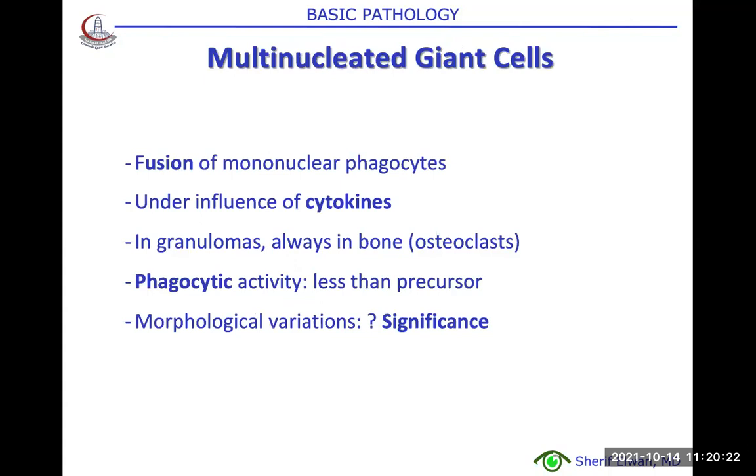During the process of chronic inflammation, multinucleated giant cells might form. Multinucleated giant cells are big cells, of course, by measures of the microscope, where fusion of mononuclear phagocytes under the influence of the inflammatory mediators known as cytokines forms them, and they are, for example, physiologically found in bones.